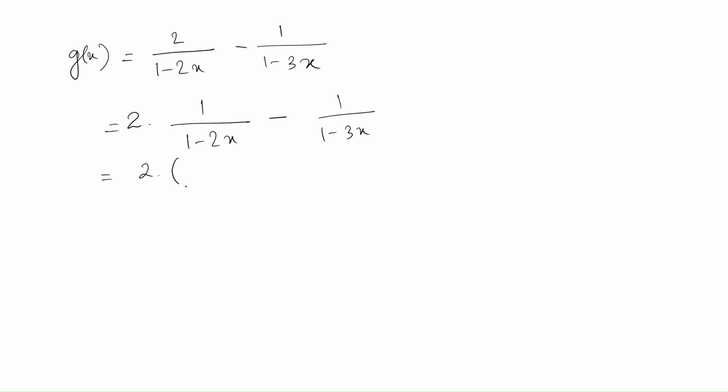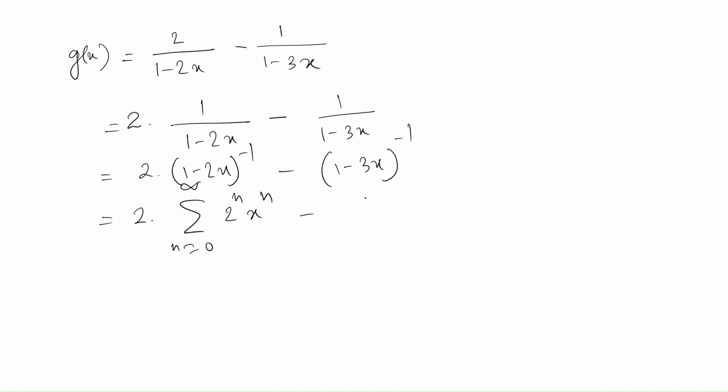So 2 into (1 minus 2x) power minus 1 minus (1 minus 3x) power minus 1. So we can write 2 into summation 2 to the power n x to the power n, n equals 0 to infinity, minus sum n equals 0 to infinity 3 to the power n x to the power n. This is the required solution.